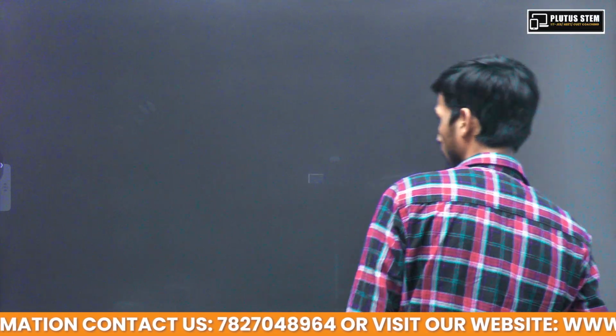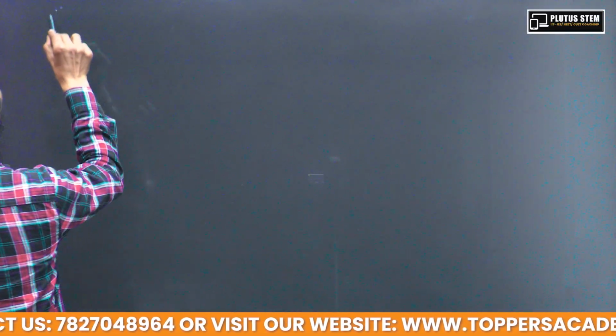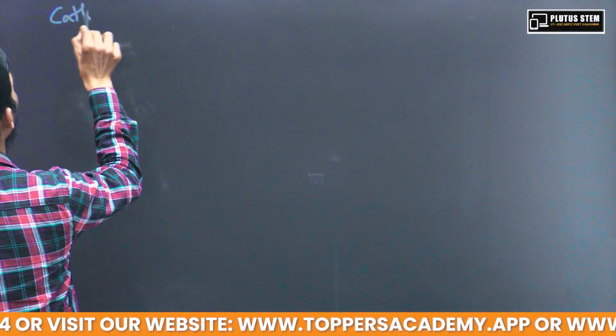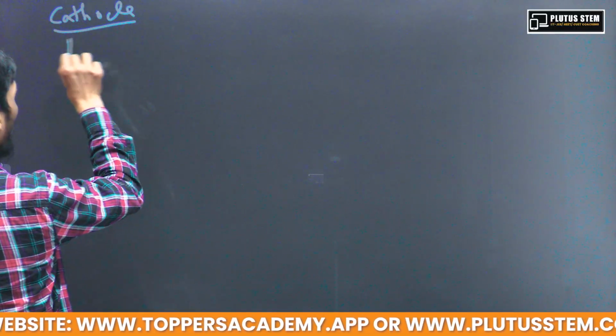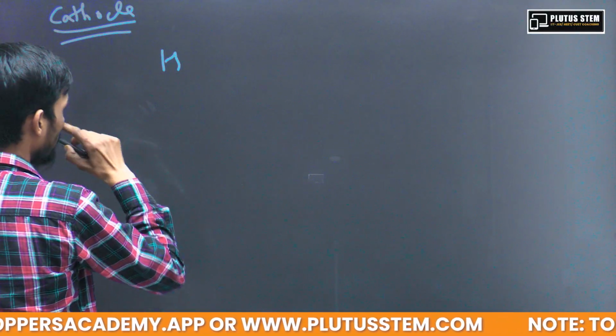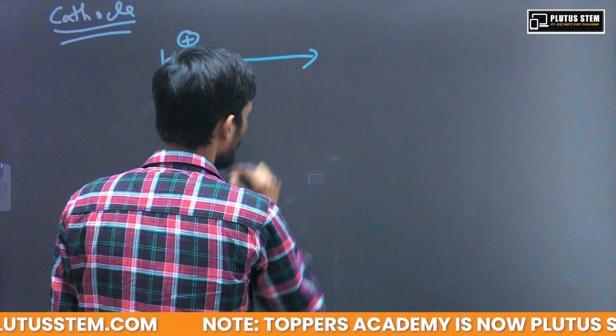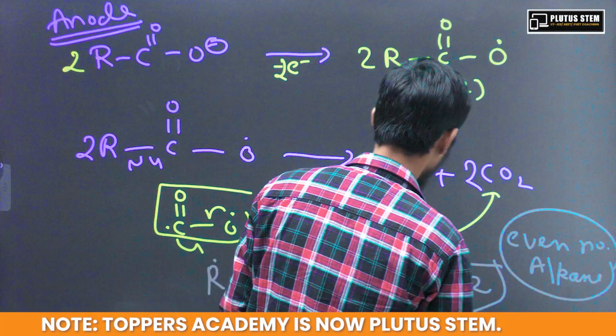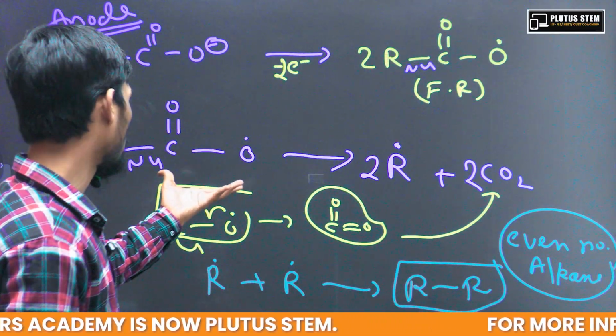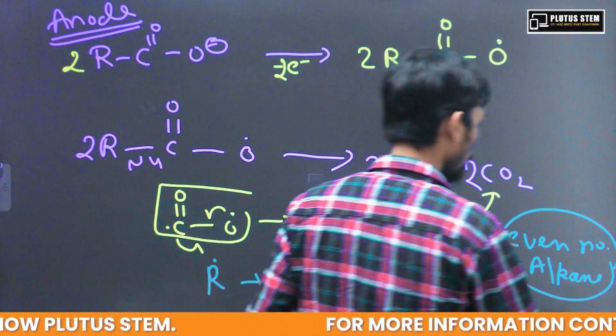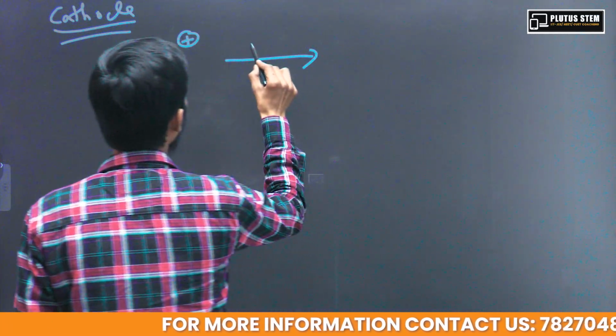So if we see over the cathode, at the cathode the reaction is very, very simple. We are having this H positive, and in that we have seen that we have lost 2 electrons, so now it is going to gain 2 electrons.